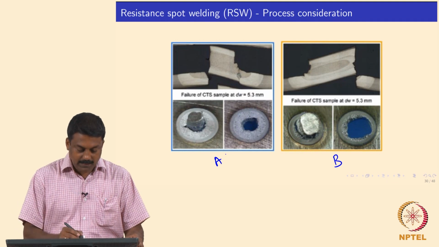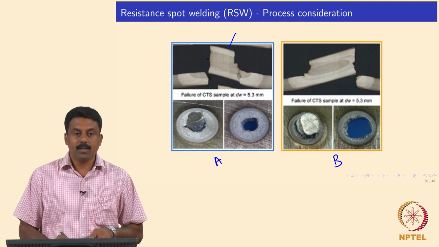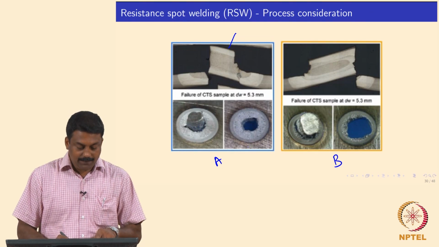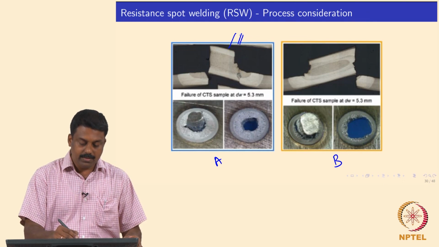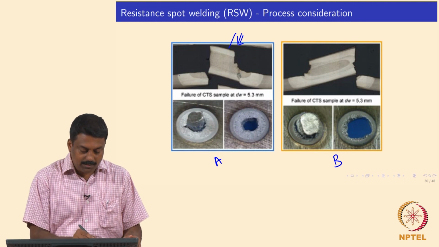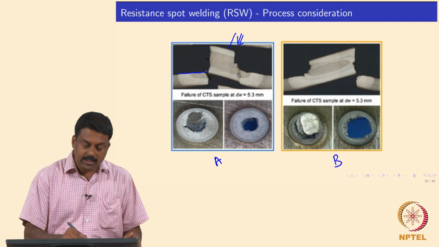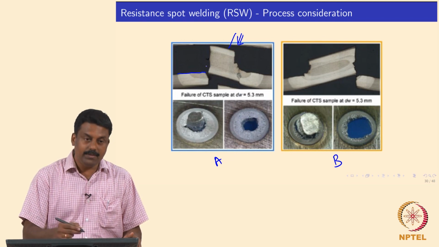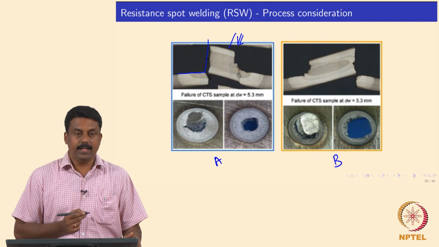What you see over here is the cross section and this is the top view of the weld, right. And if you look at the cross section, in this case the top image, you see that this is the weld nugget after failure. You see the failure has happened from the interface, and then once the crack reached the middle of the weld nugget, it deviated and then failed vertically, isn't it.